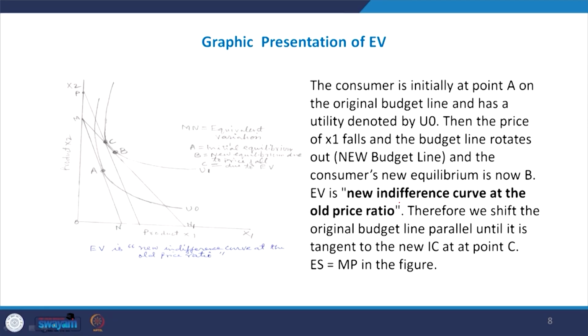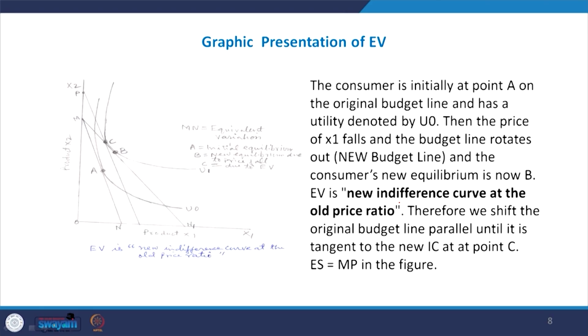The graph appears similar to what we discussed in the case of compensated variation, but the difference is that in this graph the initial equilibrium is at point A, where the initial indifference curve U0 is tangent to the MN budget line.